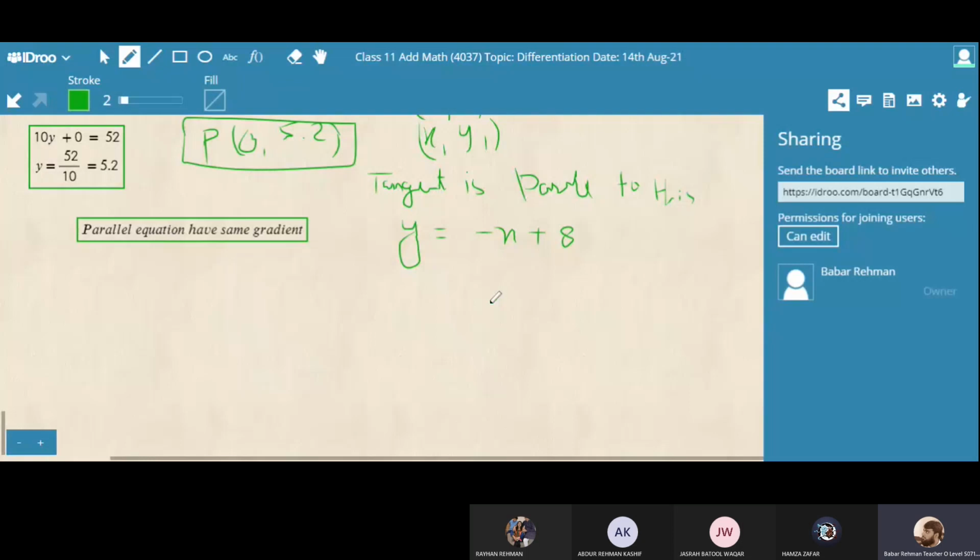We will find the gradient from this equation, because the tangent is parallel to it.